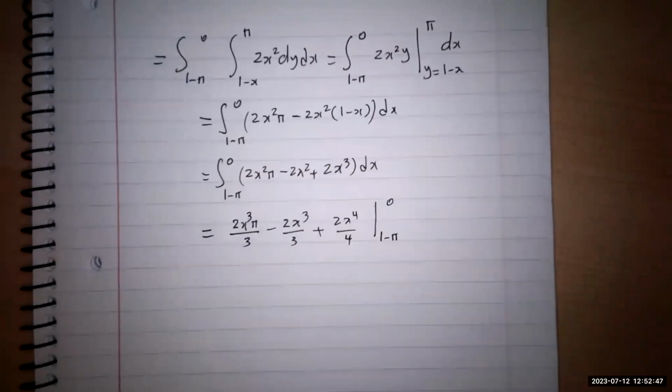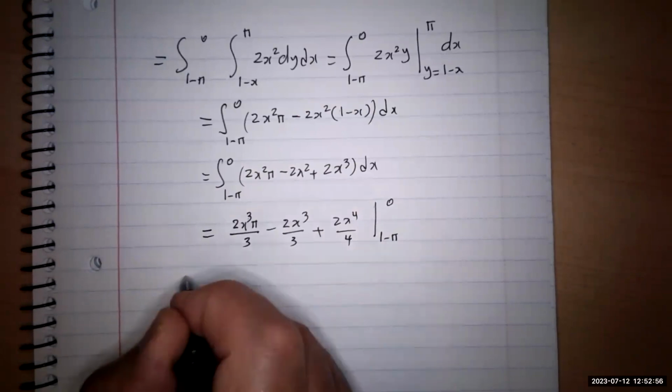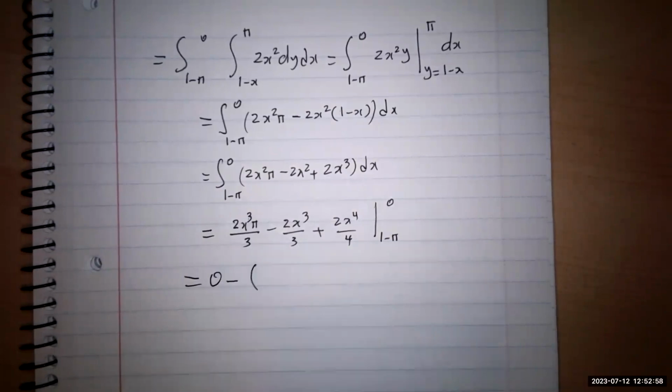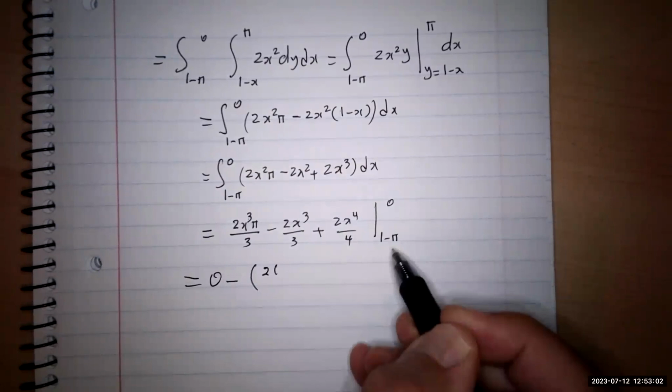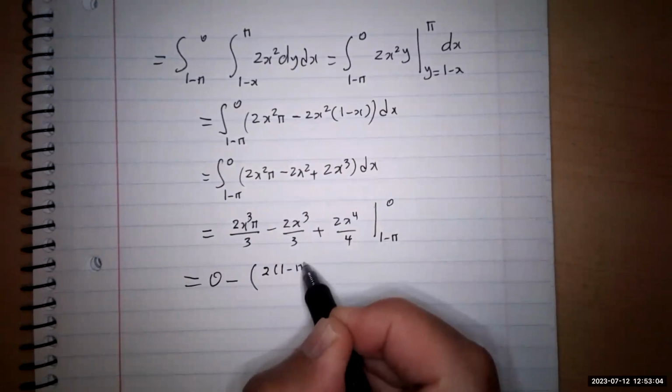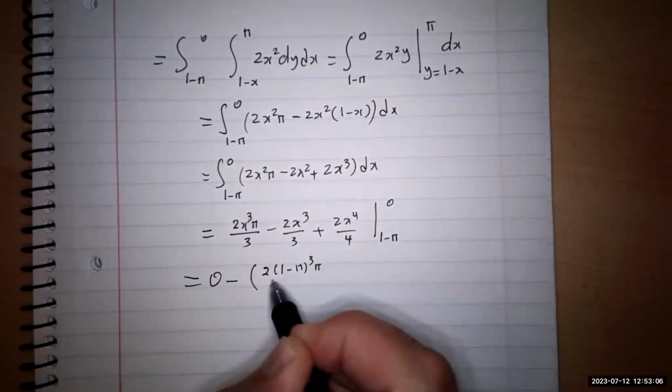If you put the 0, we get nothing. If you put the pi, we can write it in terms of pi, or just use your calculator. Okay, so it's going to be equal to 0 minus, if you put the pi, that gives 2 times 1 minus pi cubed times pi.